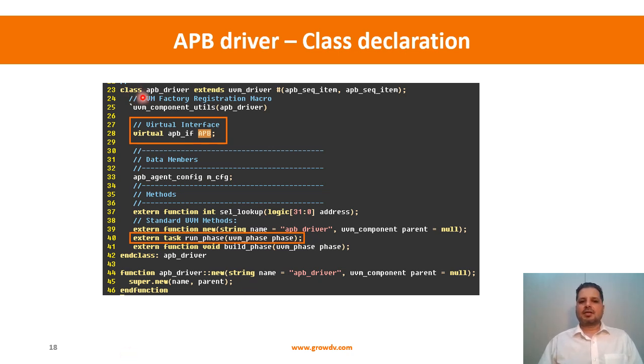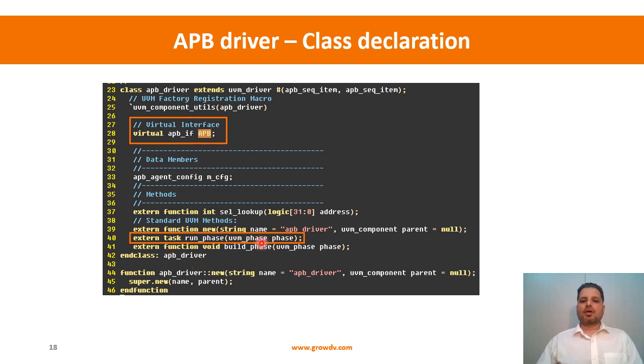We have class APB driver extends UVM driver parameterized by the APB sequence item for both request and response, doing the factory registration, and most important, we have the virtual APB interface. If you remember, this was set to the APB interface that we had connected at the testbench top in the agent connect phase, and we have the agent config as well, and then the standard UVM methods.